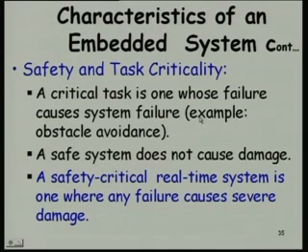Just to think of an example, let us consider a robot that is moving and encounters an obstacle, and suppose the obstacle avoidance task is a bit late, does not meet the deadline, then there will be a collision of the robot, and we will say that the system failed, it could not detect the obstacle and take correct action in time, right. So, that is a critical task.